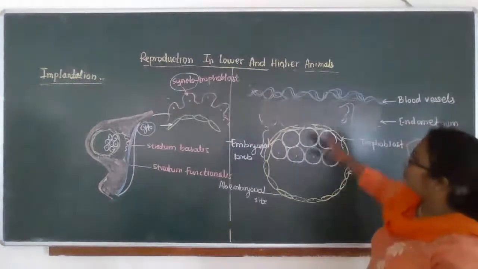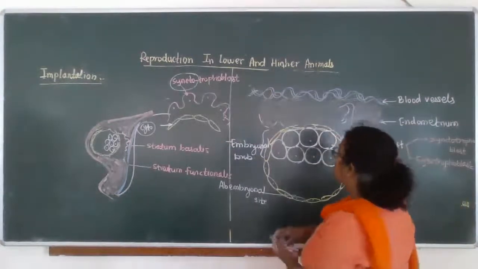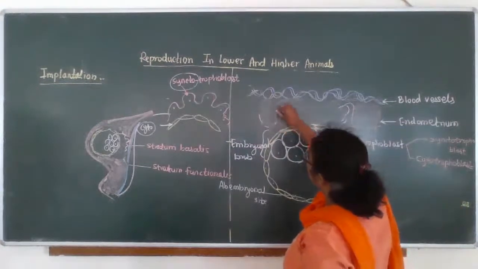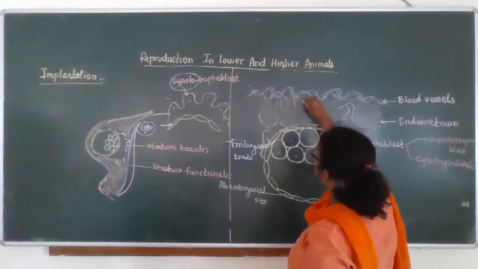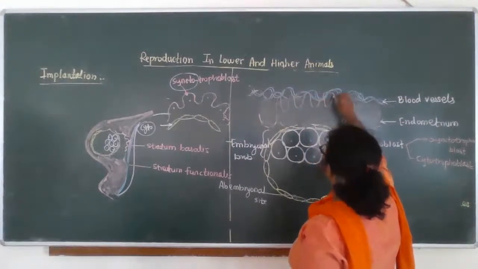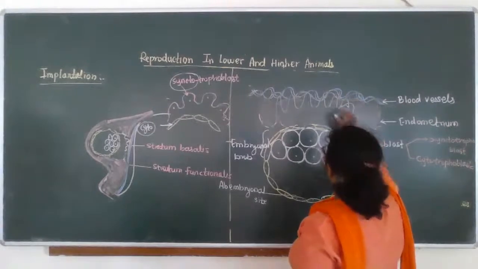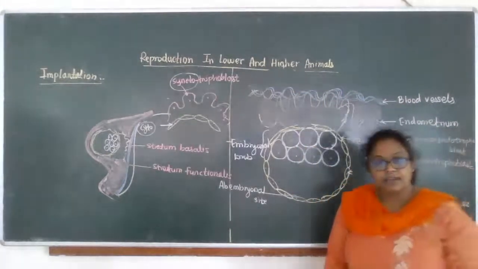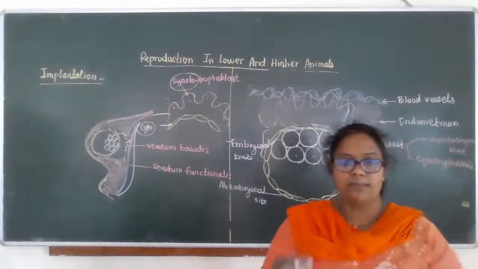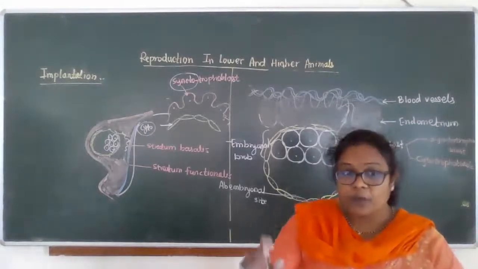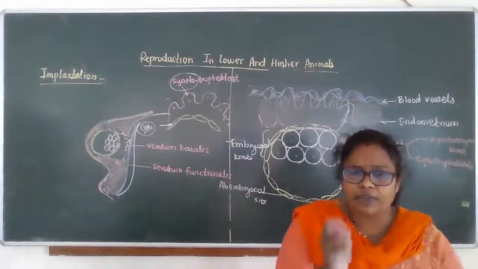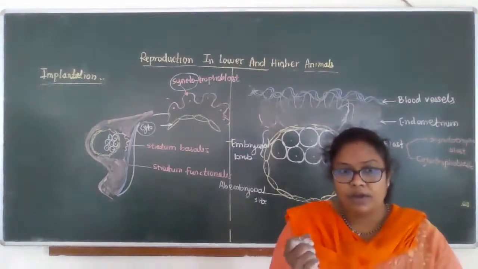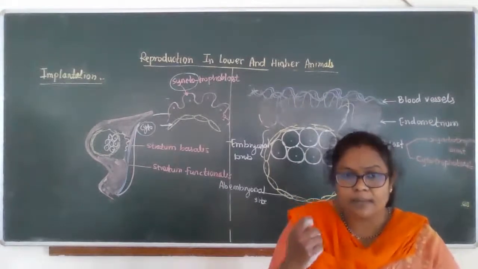Then what happened further on? The syncytiotrophoblastic cells then touch this. And what is this? This is the blood. These are the blood vessels of the mother, of the endometrium, right? So this is the mother's blood.